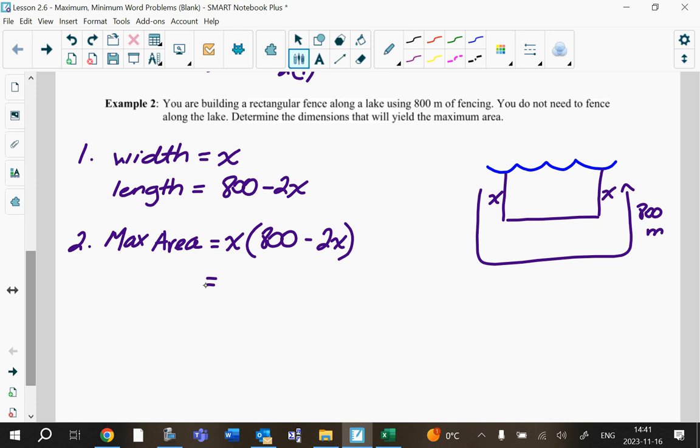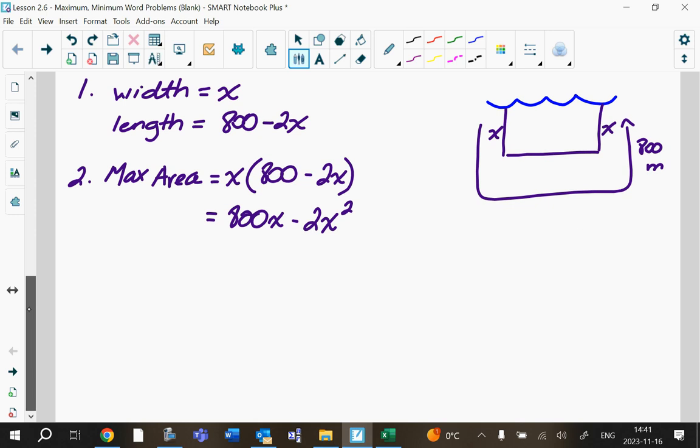And when we multiply through, what do we get? That's a quadratic function, but notice anything? How are we used to seeing a quadratic function? Yeah, the other way around, with the x squared first.